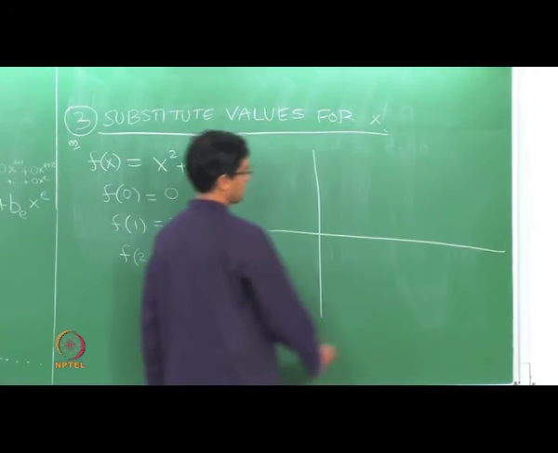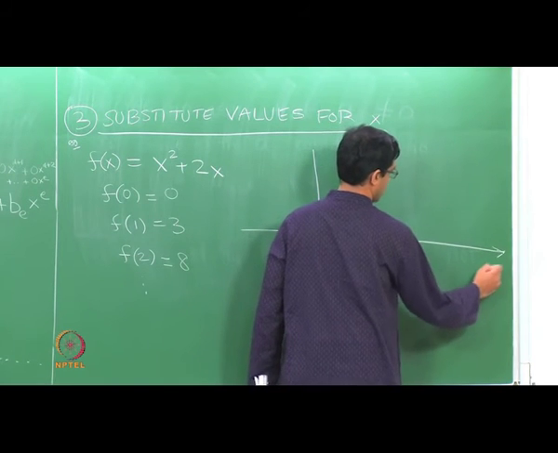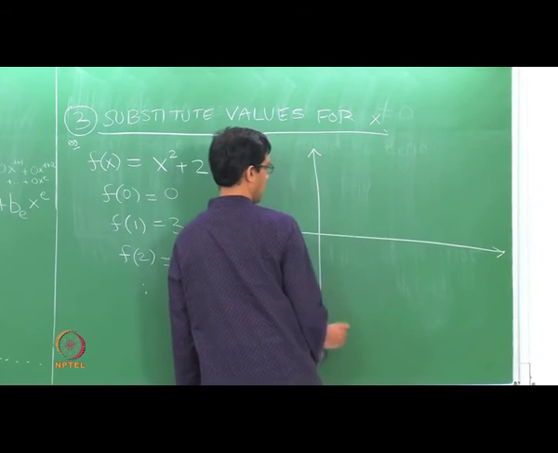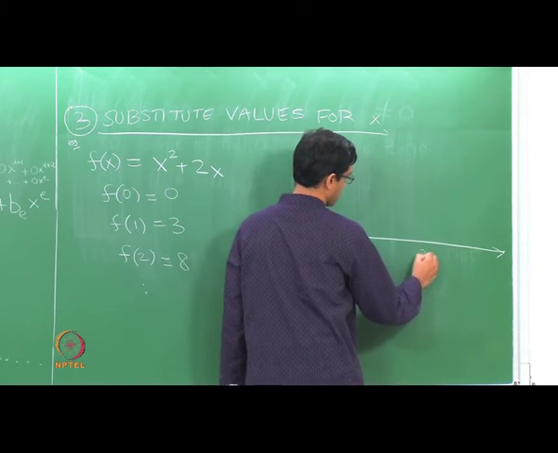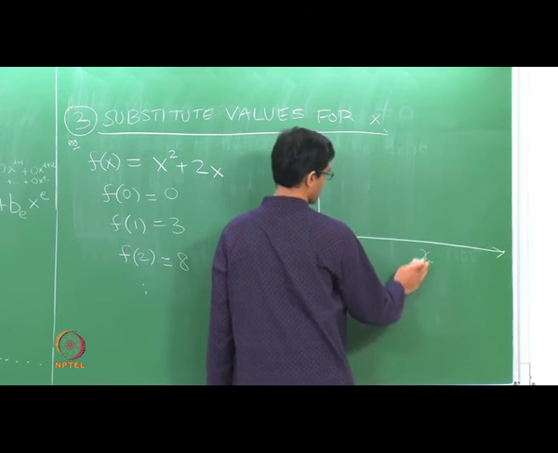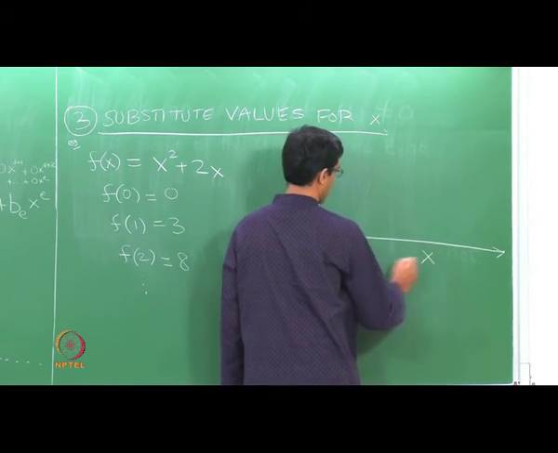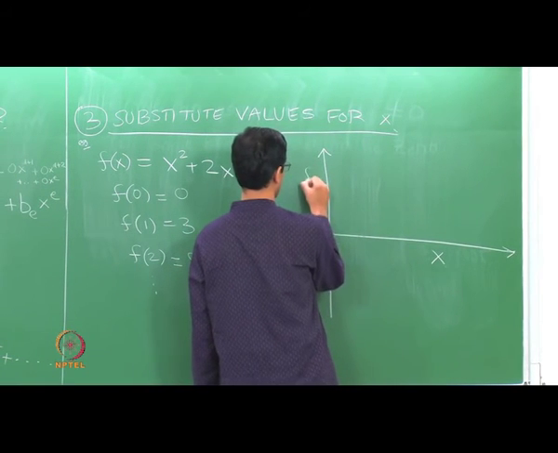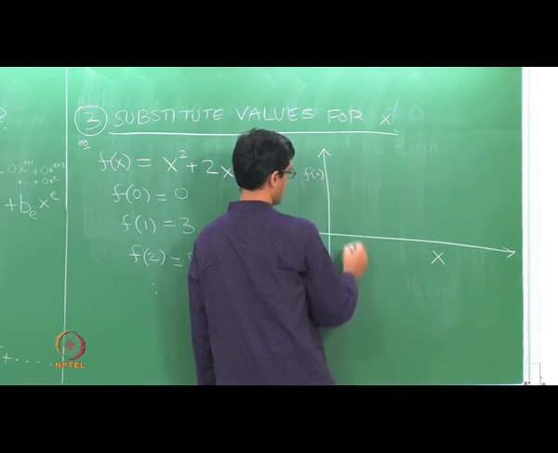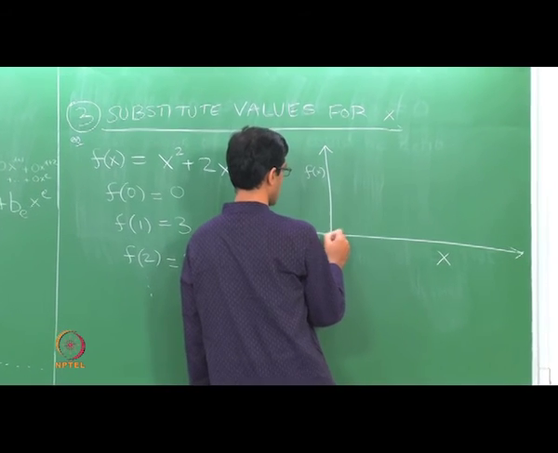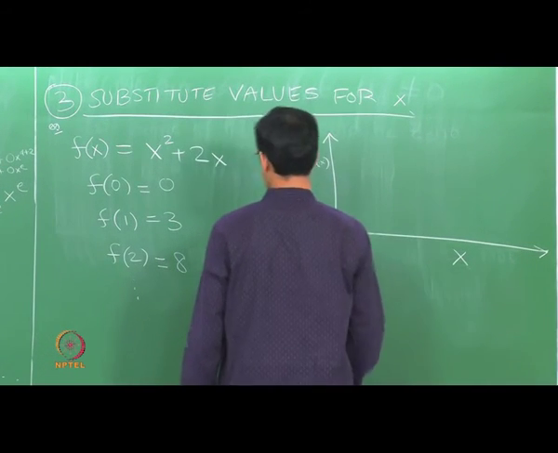So you plot the x and the y axes. Along the x axis you plug in various values for the variable x, and along the y axis you plot the values of the polynomial f of x. So for instance at 0 the value is 0, at 1 we said the value is 3.